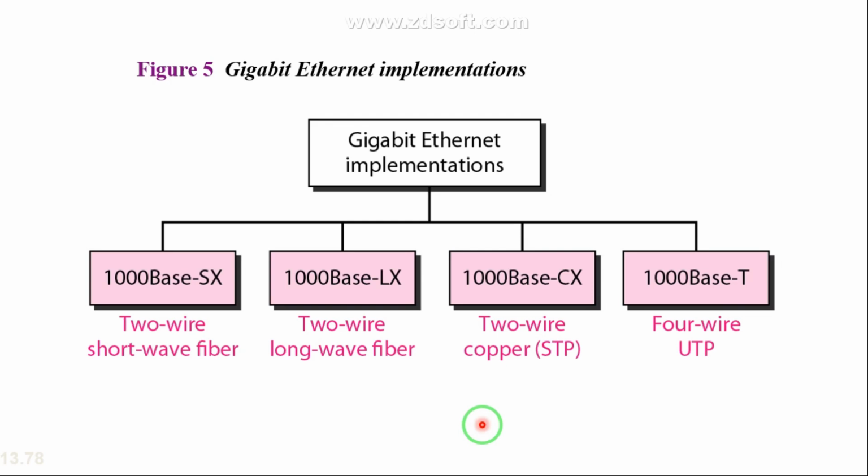Now, the Gigabit Ethernet implementations. So you can see it uses 1000Base-SX, that is shortwave fiber, 1000Base-LX, that is longwave fiber, and this is 1000Base-CX, which uses STP, and this is 1000Base-T, which uses Cat5 twisted pair cable.